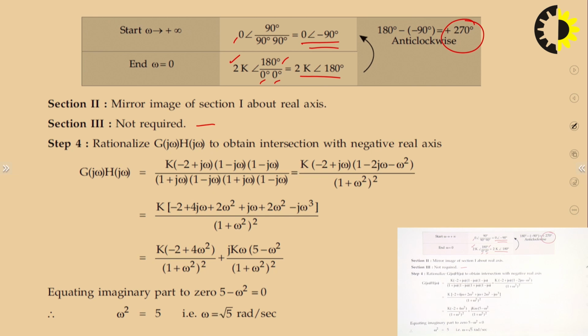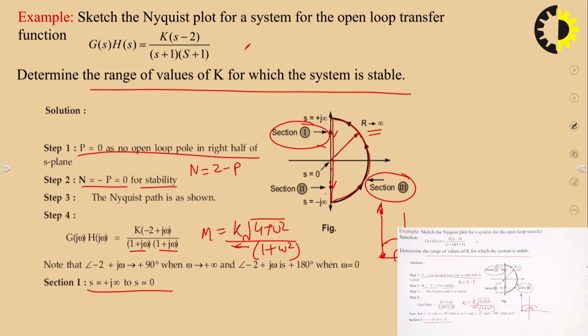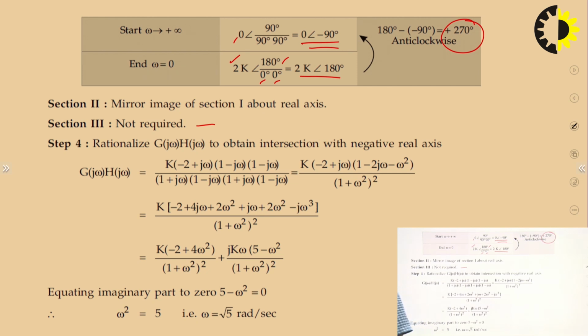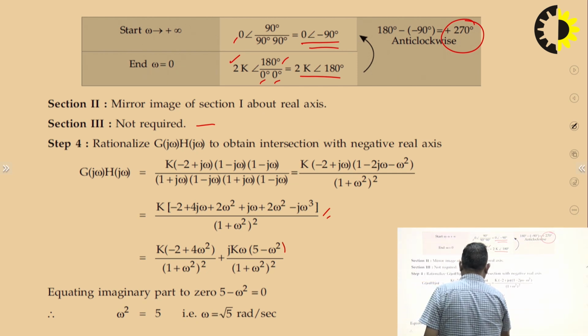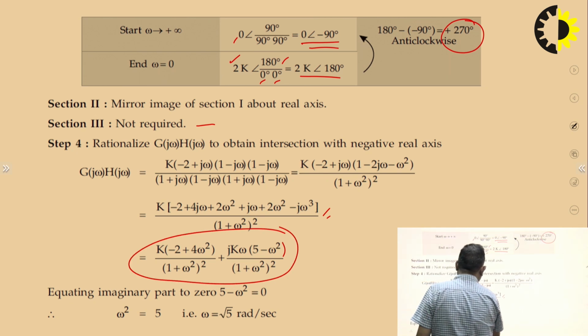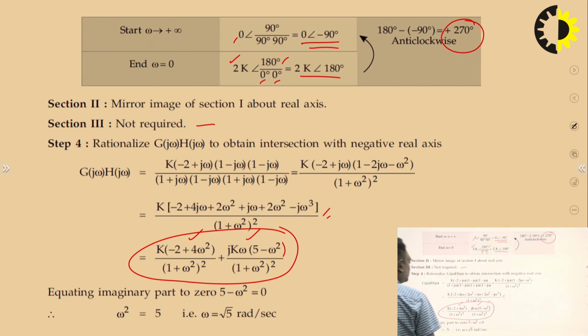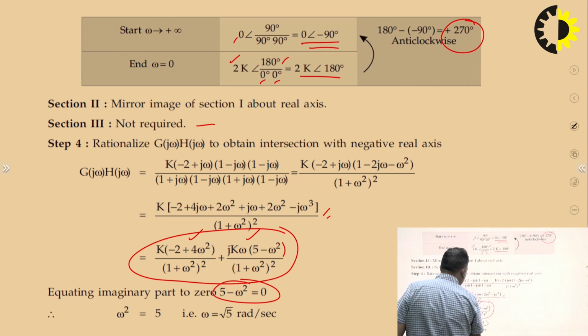Now what will we do? We will do the rationalization. We multiply by 1 minus j omega into 1 minus j omega in the denominator as well as in the numerator. By solving this, you get this portion: this is the imaginary part, this is the real part. You put the imaginary part equal to 0, so 5 minus omega square equals to 0.